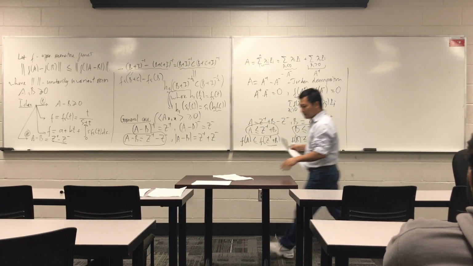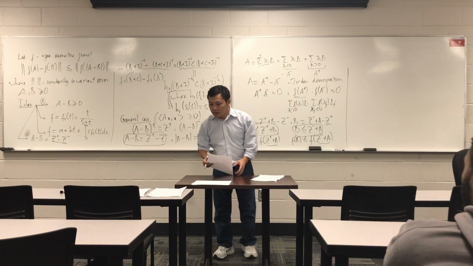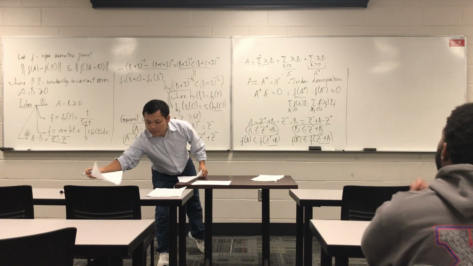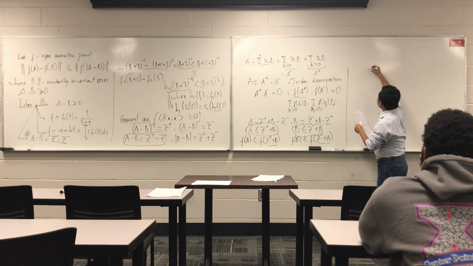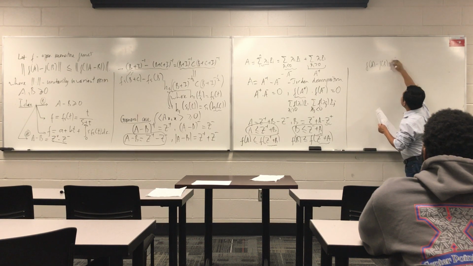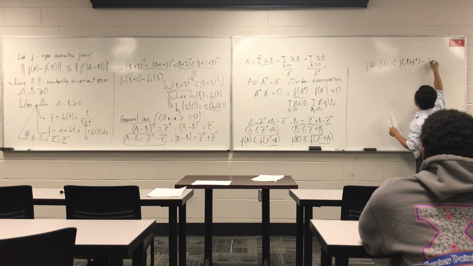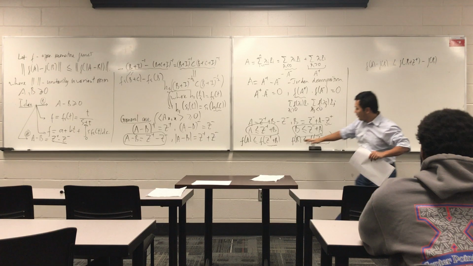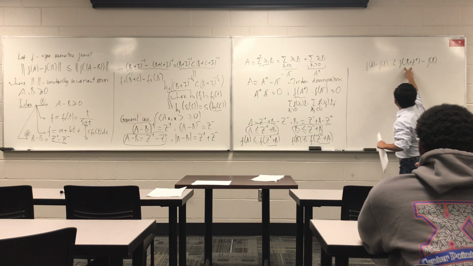But let's do that. So in general, I have the following inequality. Okay, let me see. Yes, I think it's done with this. So I have f of A minus f of B less than or equal to f of B plus Z plus minus f of B. That's what we have in here, right? Because f of A is less than or equal to this guy.